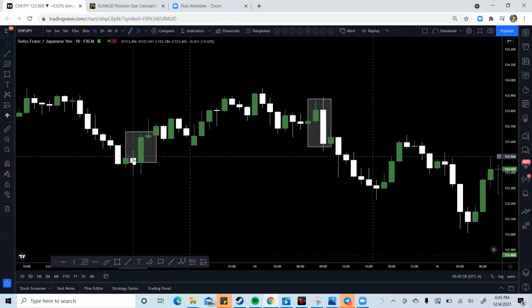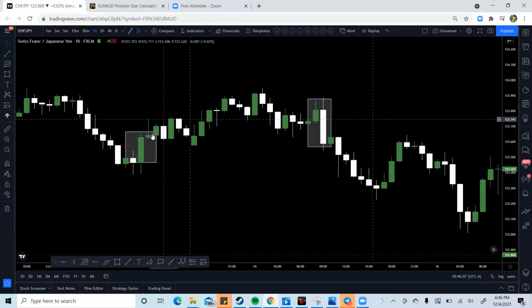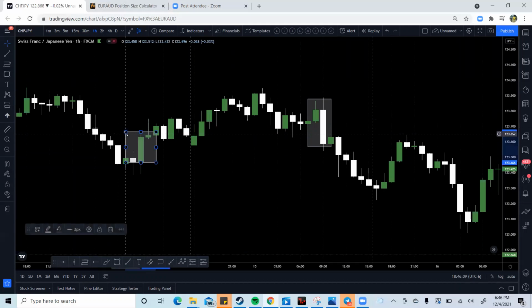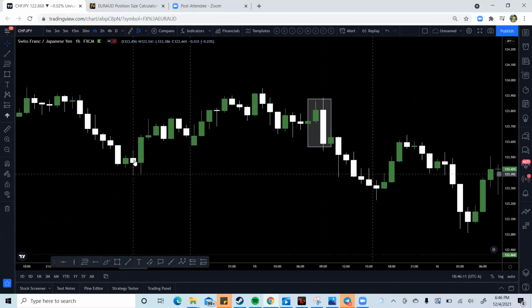The most important thing, though, to recognize an engulfing candle is what is the candle before it? What's the relationship between the preceding candle, which is this bearish candle, and the engulfing candle itself? And what I mean by relationship is how much different in size are these candles.